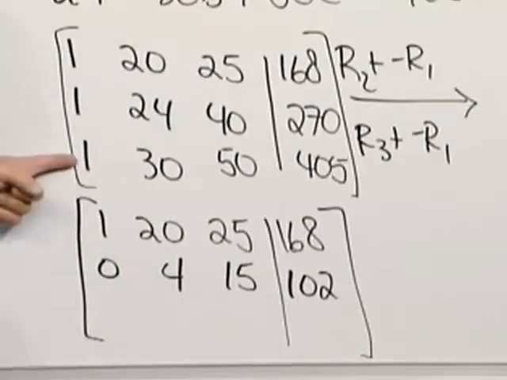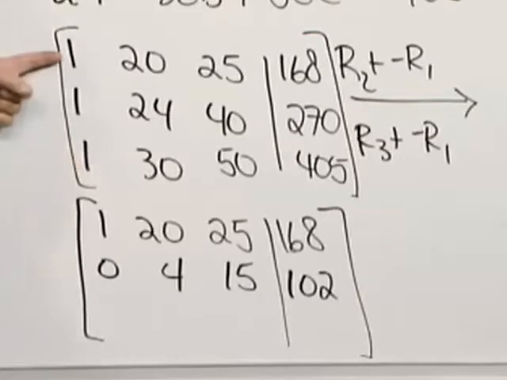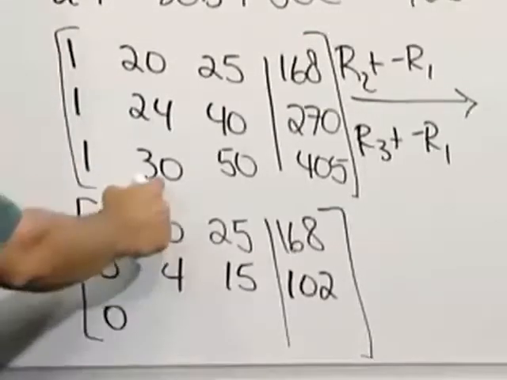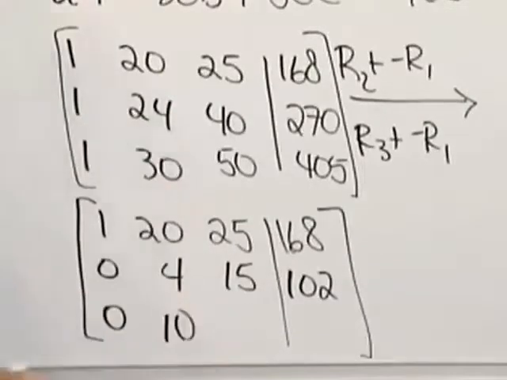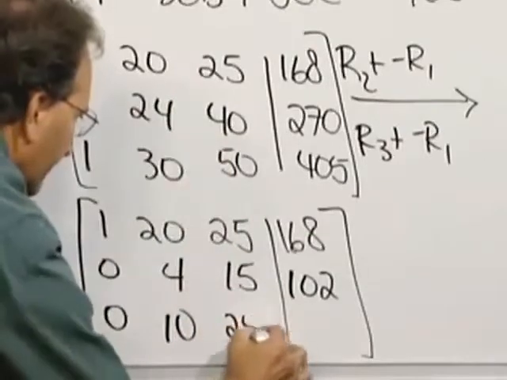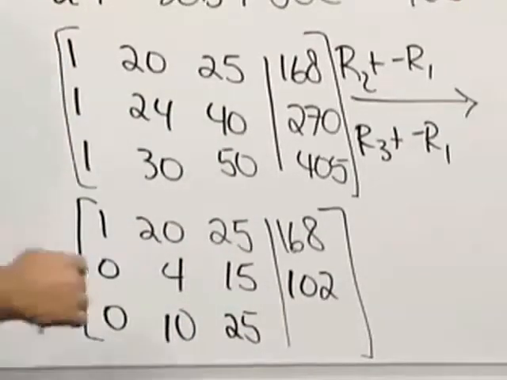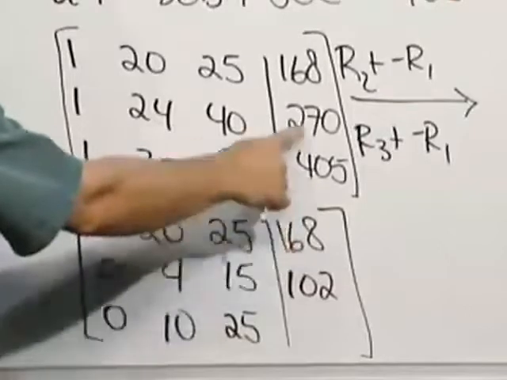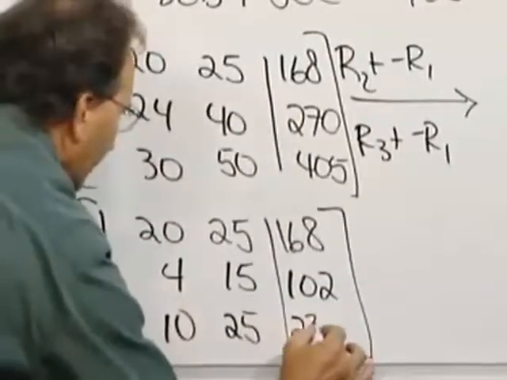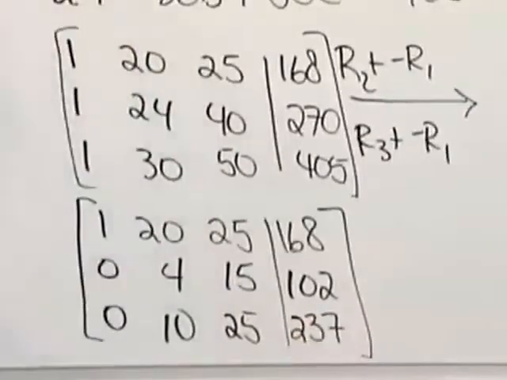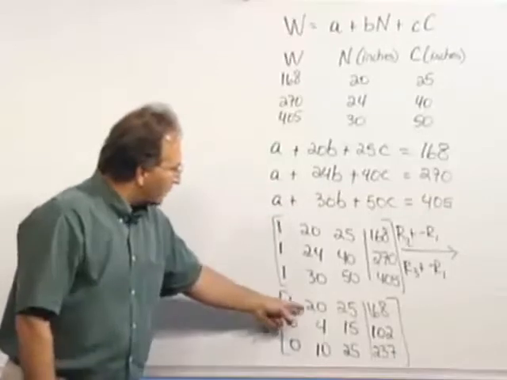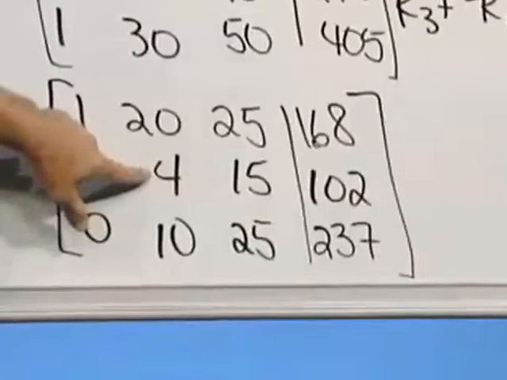For row number 3, we're going to add negative row 1, so that would give us 0 here. 30 plus a negative 20 is 10. 50 plus a negative 25 is 25. And 405 plus a negative 168 is 237.